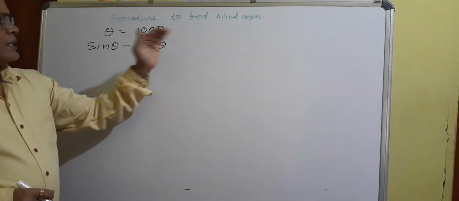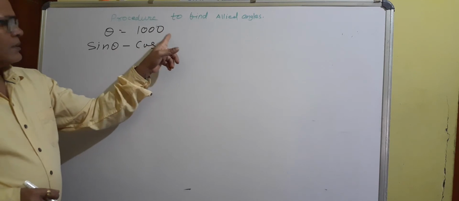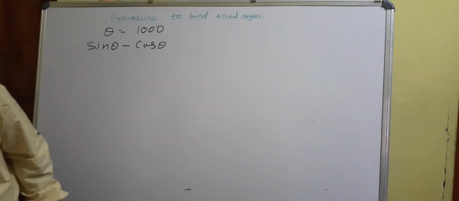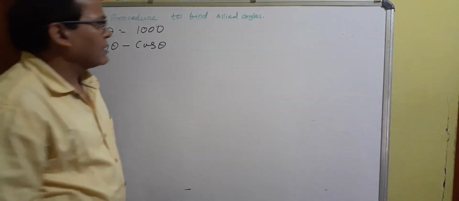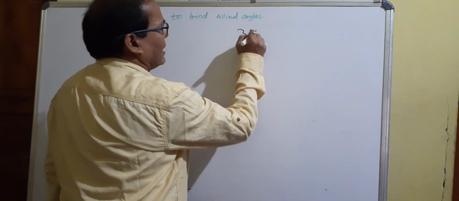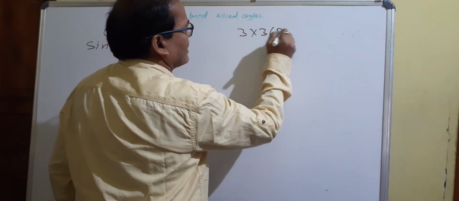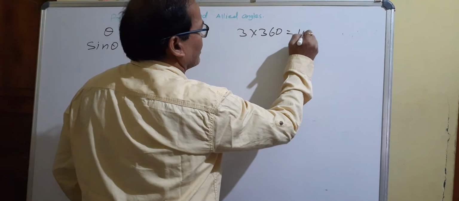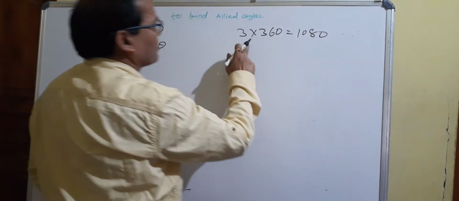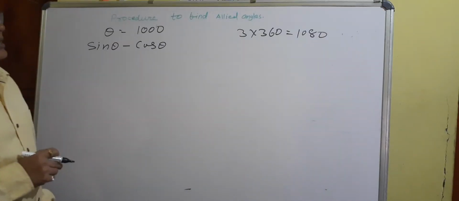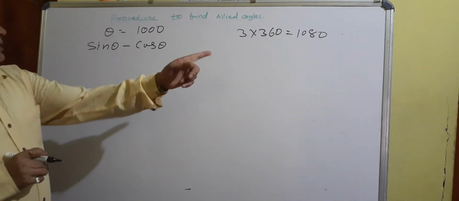How can we write it? First convert it into n times 360. If you divide 1000 by 360, you get 3 times. 3 times 360 is equal to 1080.